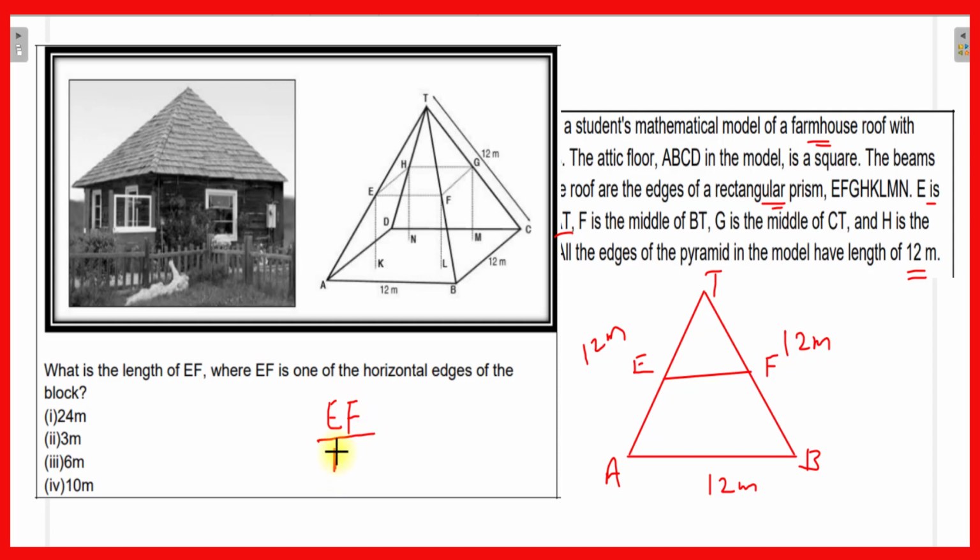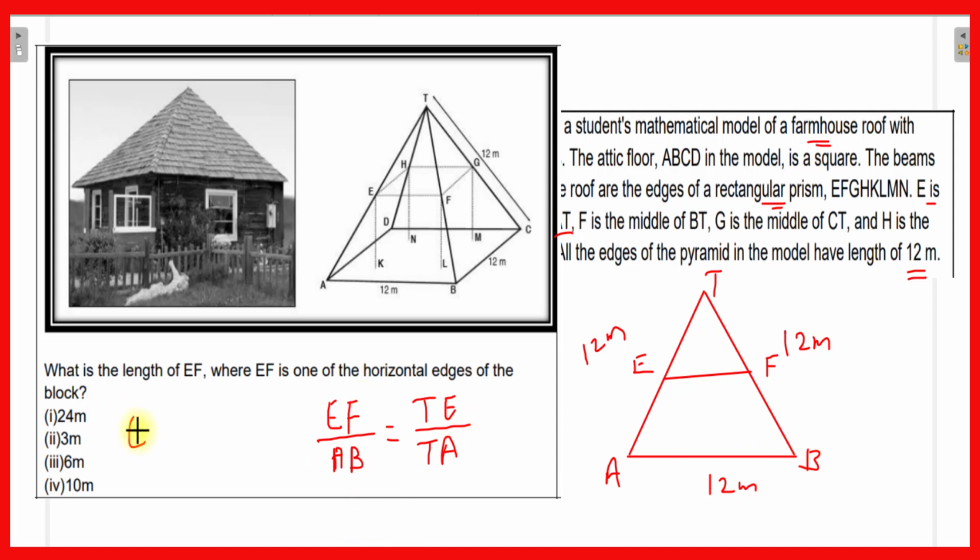So EF upon AB is equal to TE upon TA. Now just put the values. AB is 12.